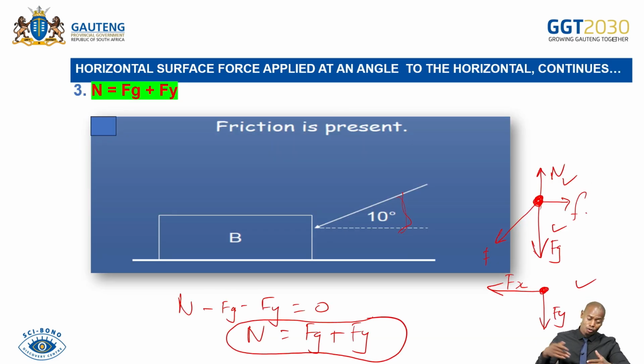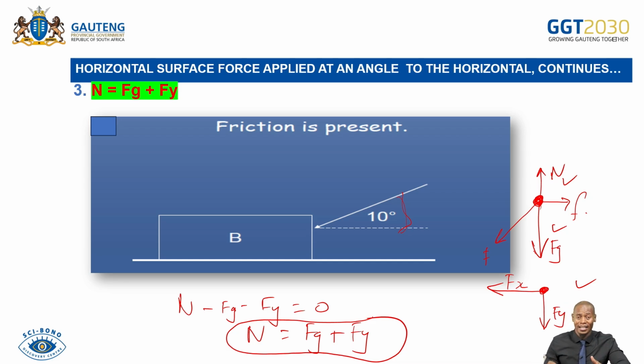Here, pushed at an angle to the horizontal, same thing. Draw your free body diagram nicely. Then from there, what are you supposed to do? Because a force is applied at an angle, resolve that force into its components. Why are you doing that? It's because you want to see all the horizontal forces, you want to see all the vertical forces.